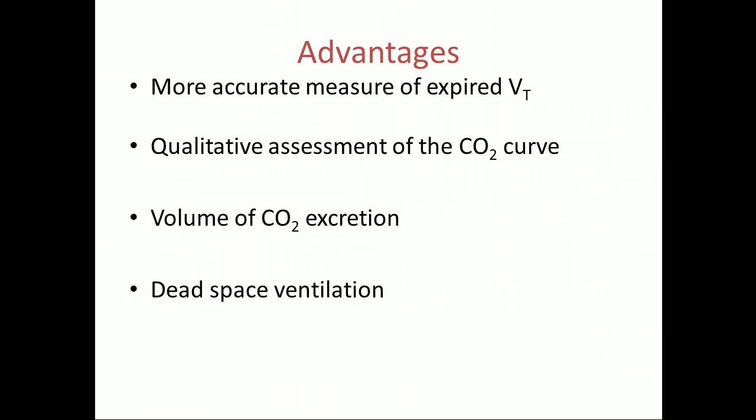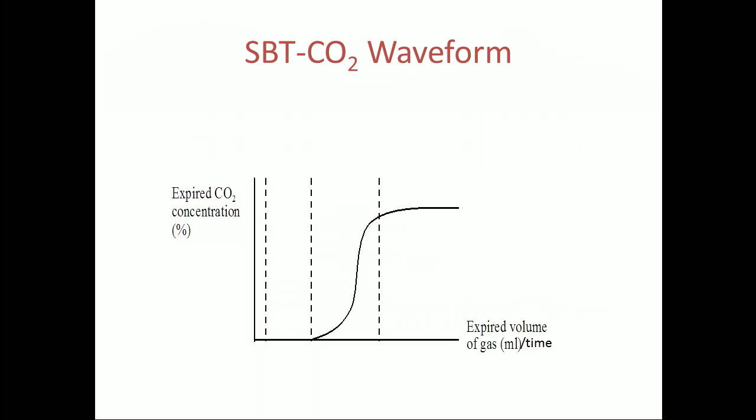So aside from measuring end-tidal CO2, because you're integrating flow and concentration, you have volume, and it gives you a much more accurate measurement of your true expired tidal volume. It also gives you the volume of carbon dioxide excreted, or your VCO2, and you're able to calculate dead space fraction and its components.